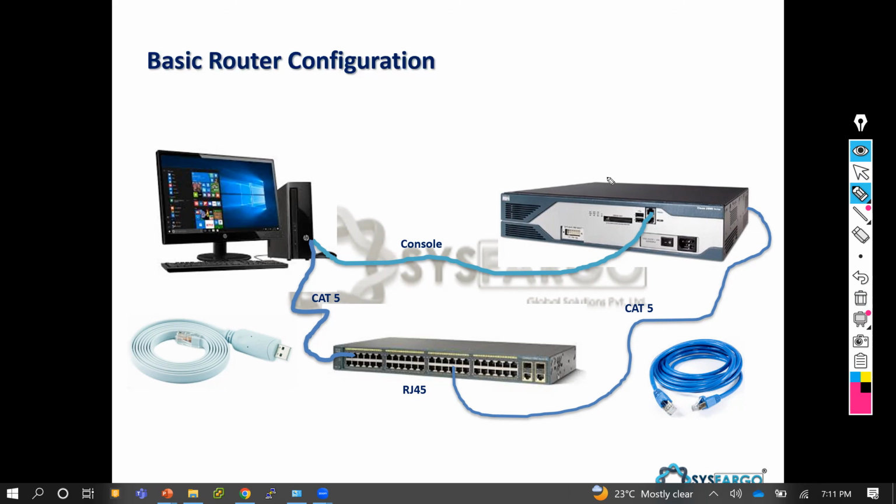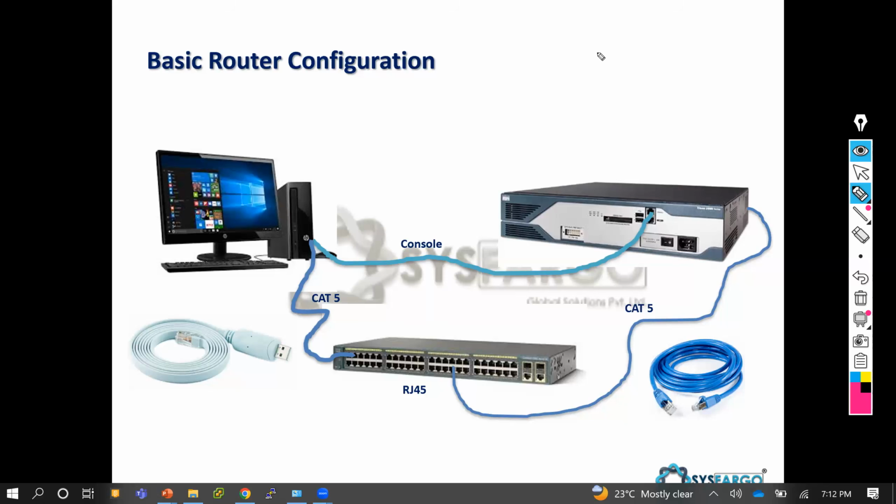Whenever you want to access any device remotely with a command line, it depends on what type of device you are accessing, whether that device has a graphical operating system or a command line operating system.